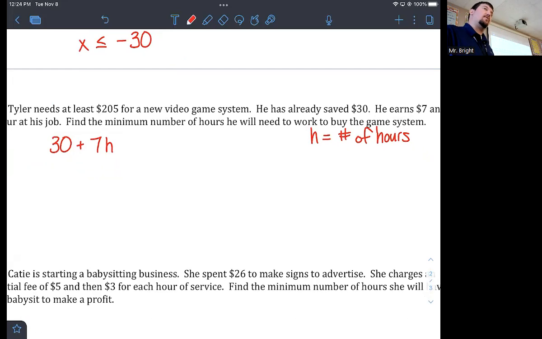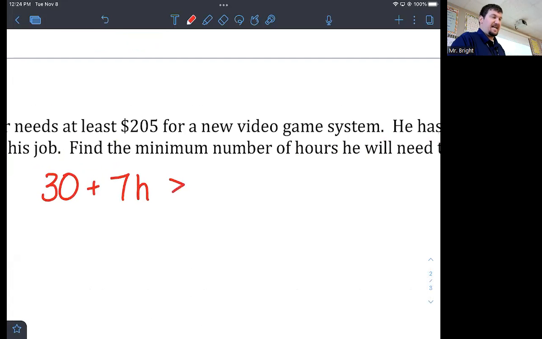So does that need to be greater than or equal to 205 or less than or equal to 205? Yeah, it's got to be greater than. He can't spend money he doesn't have. So that's got to be greater than or equal to 205. I know that it can be equal because if he has exactly 205, he can buy the video game system. We're assuming that tax is included here, hopefully. But obviously he could make more than that and still have some money left over.